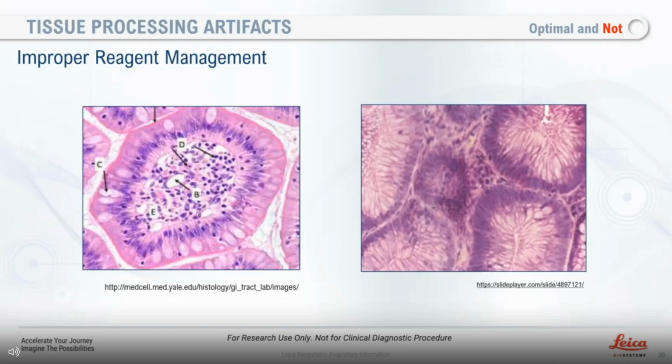With that comes the consideration of customizing your protocols. For example, tissue that is small is not going to require an 8-hour, 12-hour run, whereas large organs, especially fatty tissues, are going to require much more time. So customizing those protocols too. I think those are 2 important factors to consider.